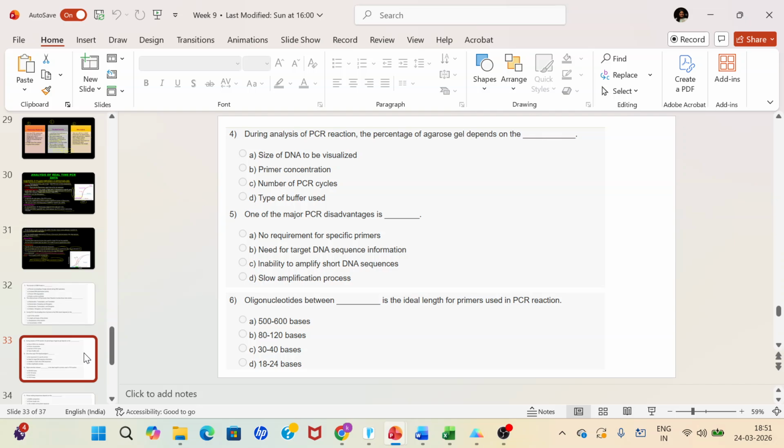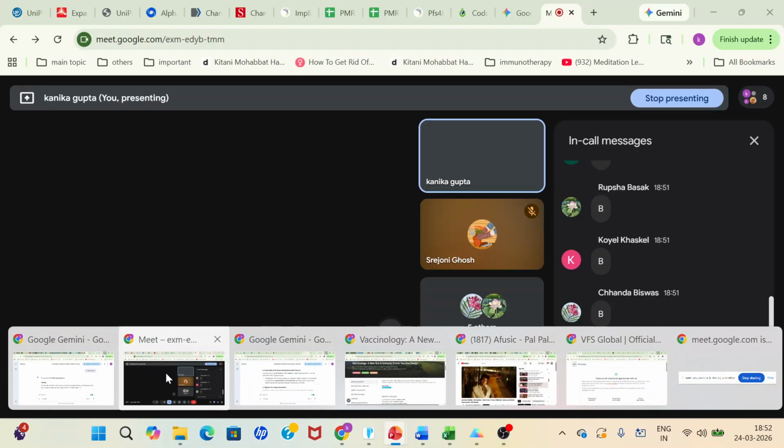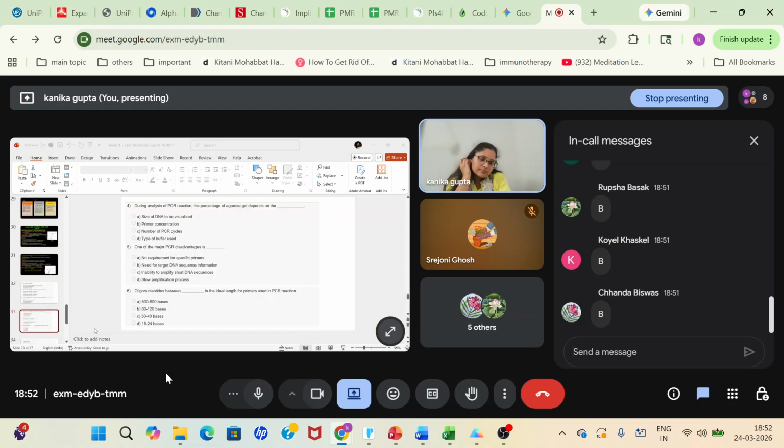Next question is, during analysis of PCR reaction, the percentage of agarose gel depends on what? Yes, it is the size of DNA to be visualized. So, if I have a gene size less than 0.5 kb, what should be the percentage of gel?